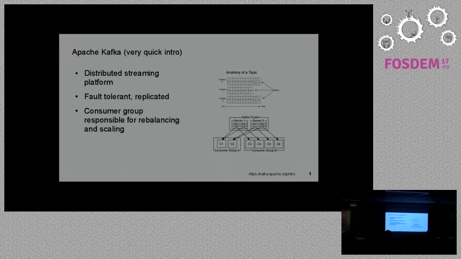So if one of your consumers in that group goes down, the remaining will take over the work that the consumer was doing. And if you add more consumers, then again the consumers will coordinate with each other to distribute the workload again, which allows you to easily scale the consuming from your Kafka cluster.